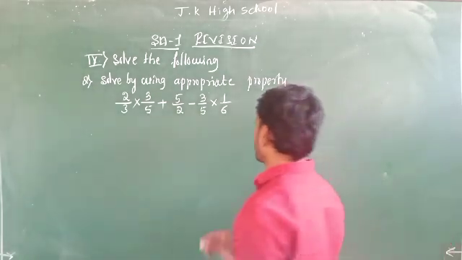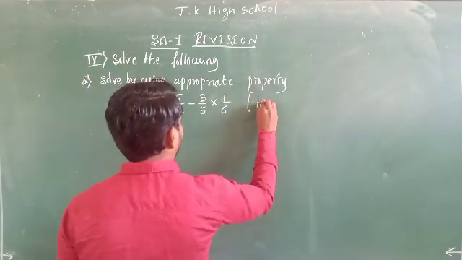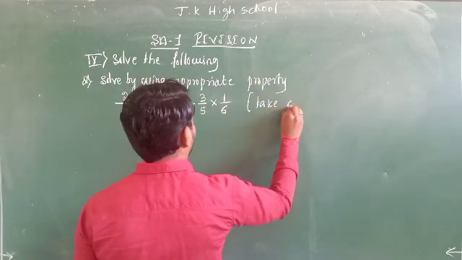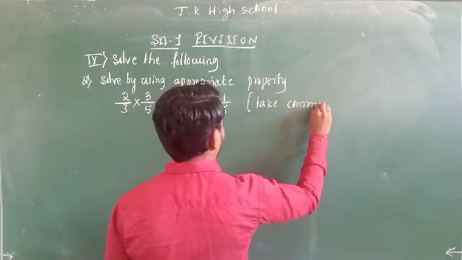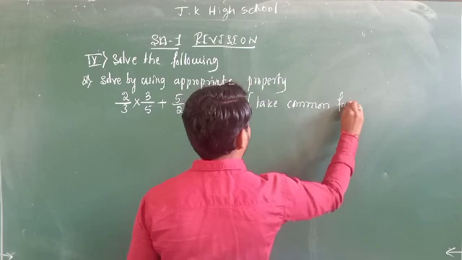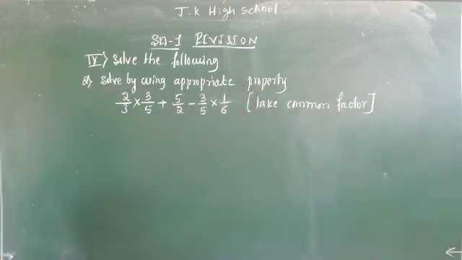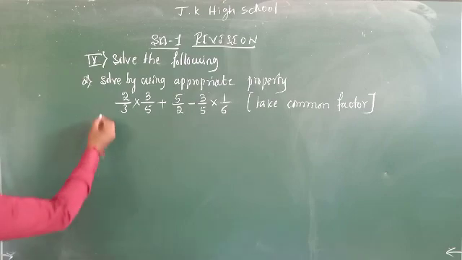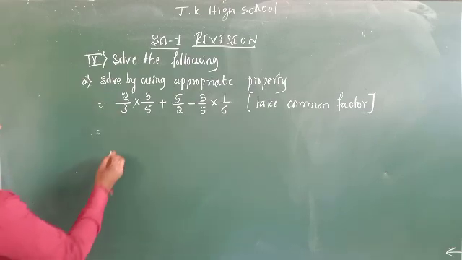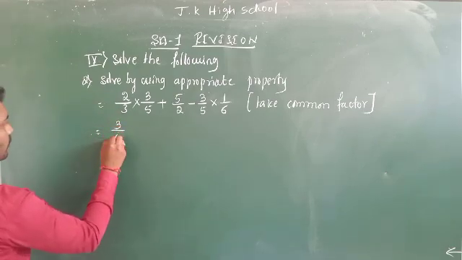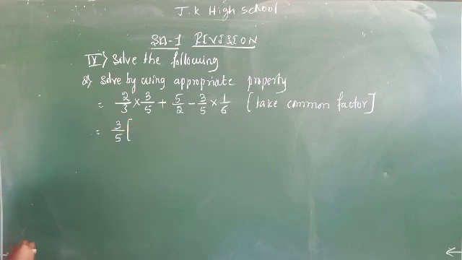Correct? So what we have right now? Take common factor. In this equation, what is the common factor here? So 3 by 5 is the common factor.